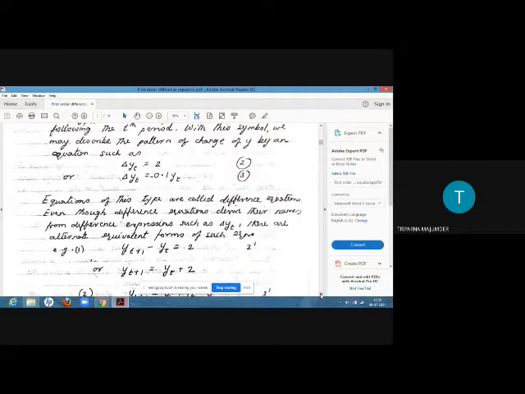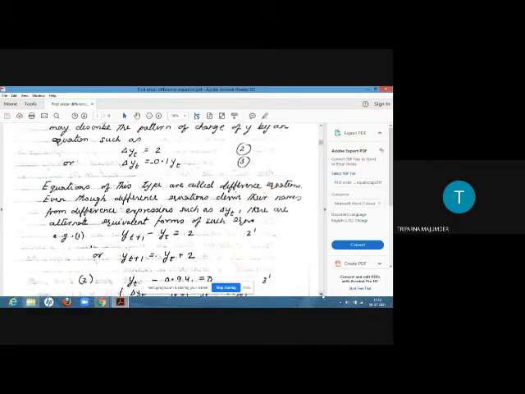Even though difference equations derive their names from difference expressions such as delta yt, there are alternate equivalent forms of such equations. For example, delta yt is equal to 2 can be written as yt plus 1 minus yt is equal to 2, or it can be written as yt plus 1 is equal to yt plus 2.